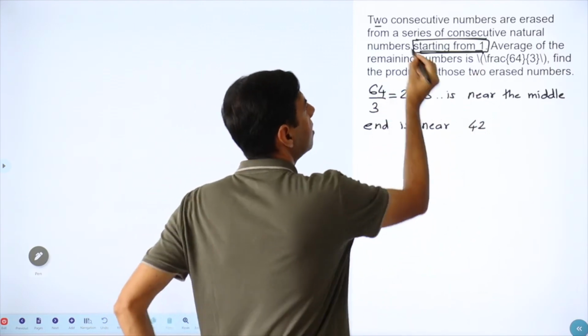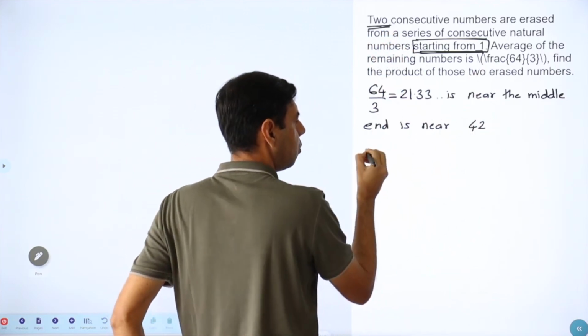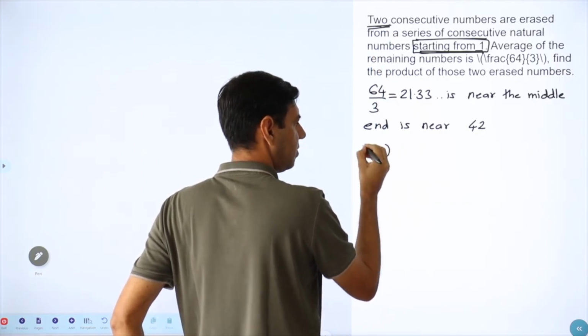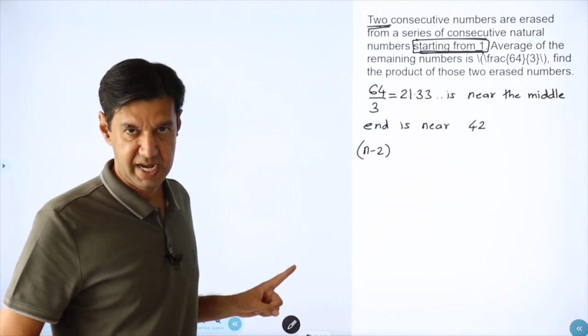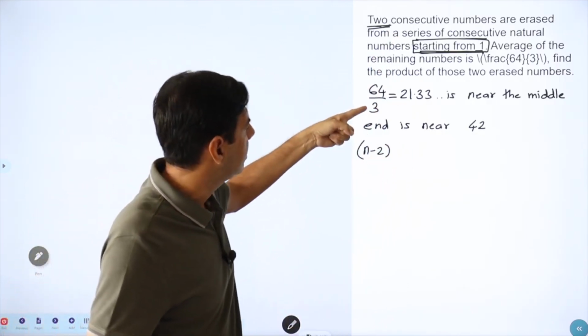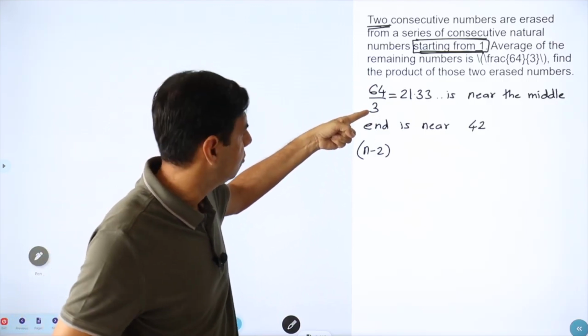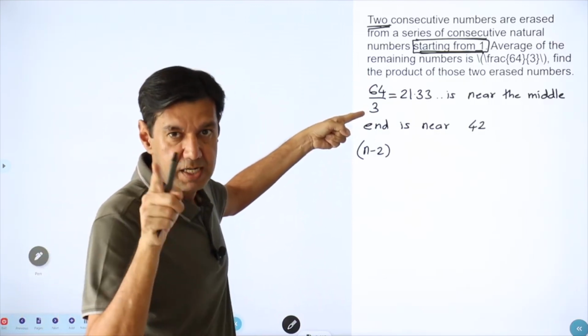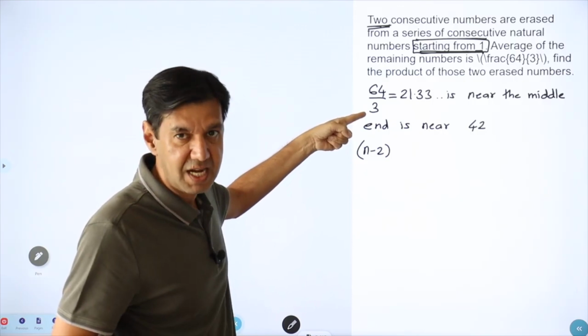You also know that two numbers are erased. So n minus 2 is the number of observations at the end. When you divide something by the number of observations, you get the denominator to be 3.